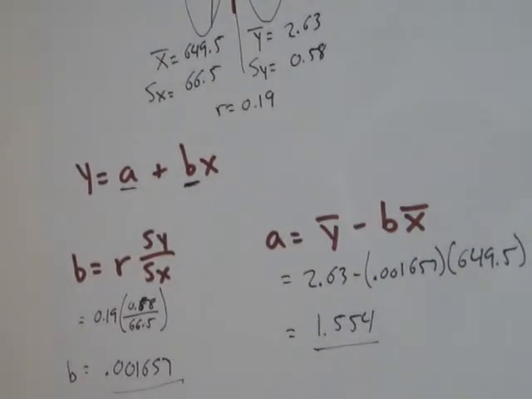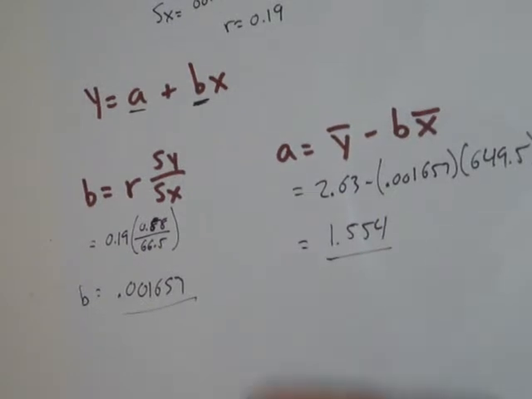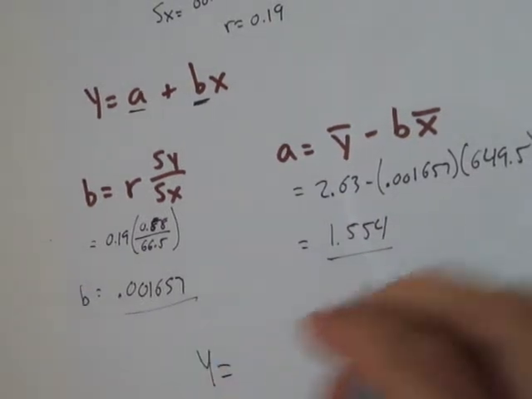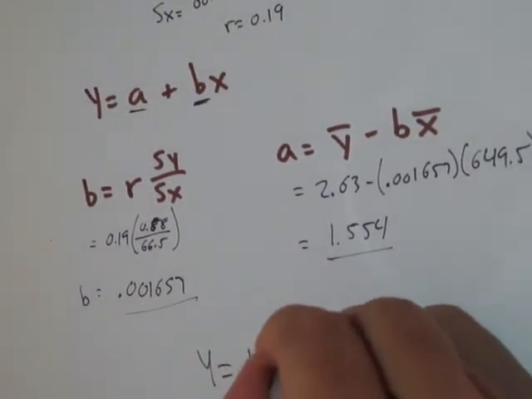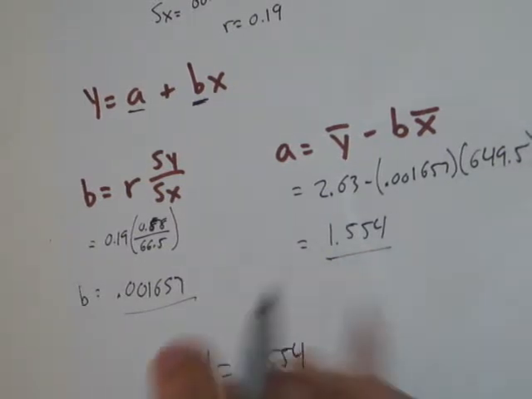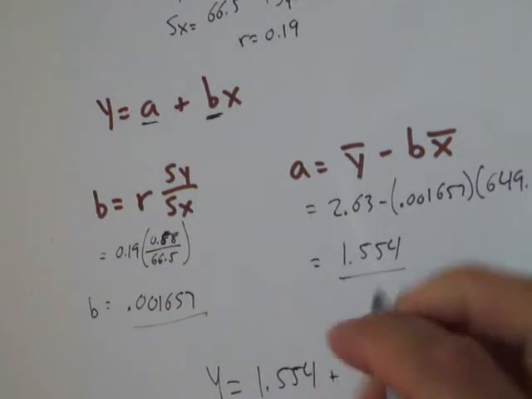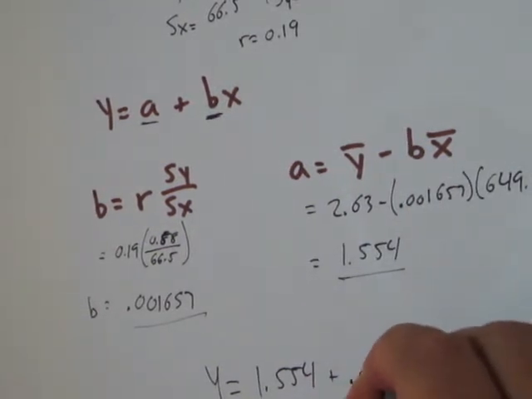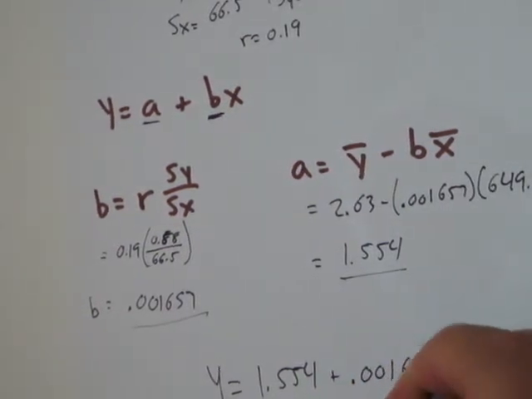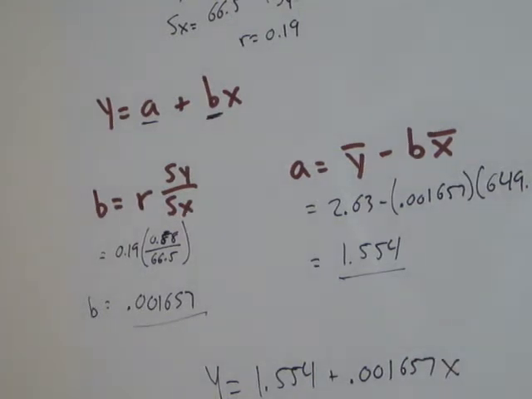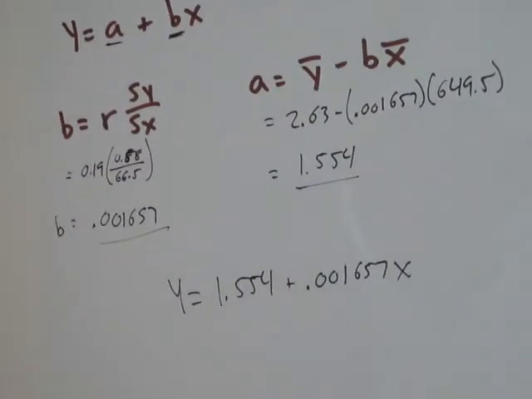Alright, so now I can write my regression line as y equals 1.554. B is a positive number, so plus 0.001657 x. There we go, that's our regression line.